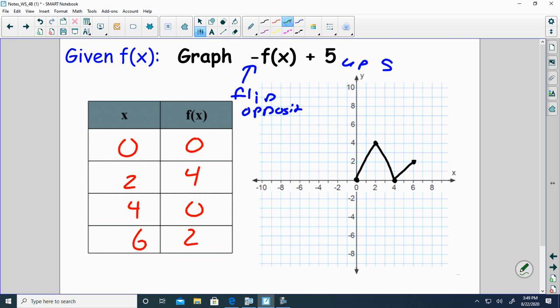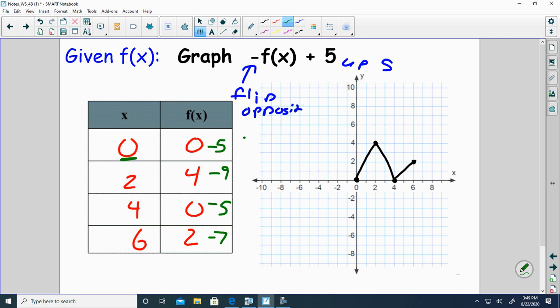I'll do this in green. We're going to go up 5, so this is going to take me up to 5, but I'm going to make it negative. If I add 5 to the 4, I get 9, so that's going to be negative 9. If I add 5 to 0, I get 5. That'll be a negative at the end. And I'm going to add 5 to 2 to get 7. I'm going to make that a negative.